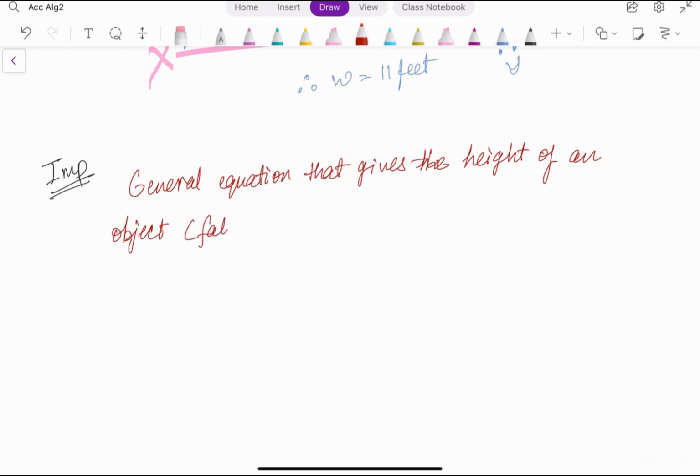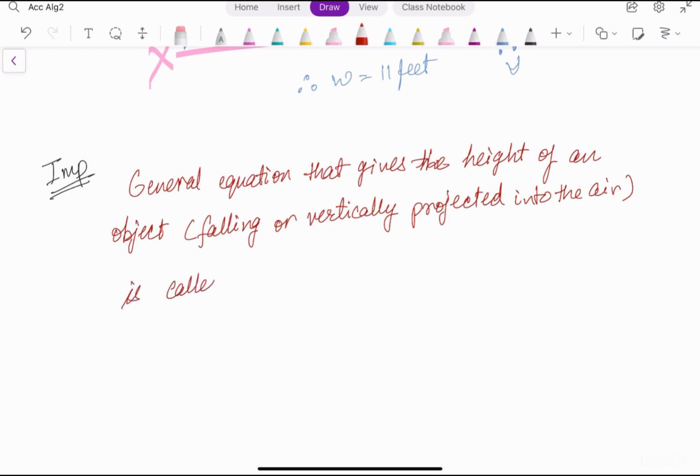To get that general equation, this kind of equation is called the position equation.